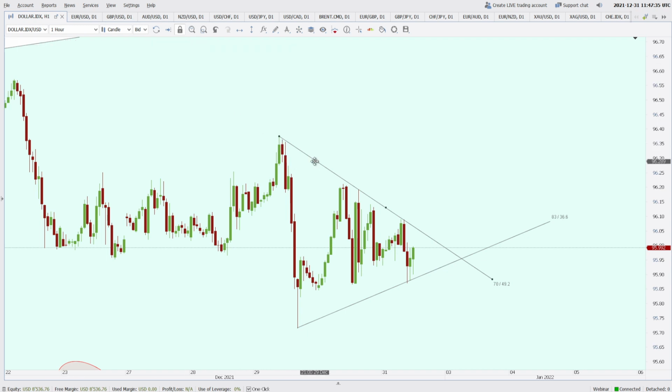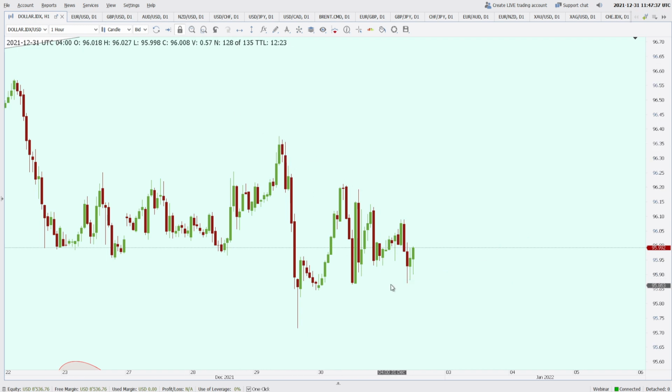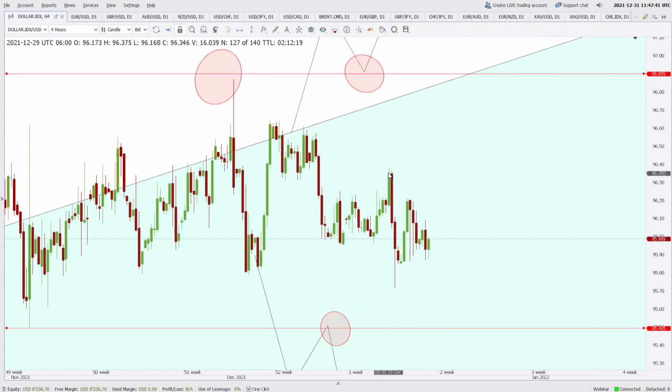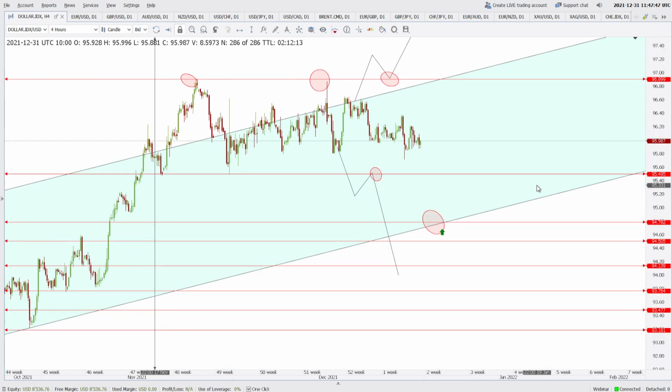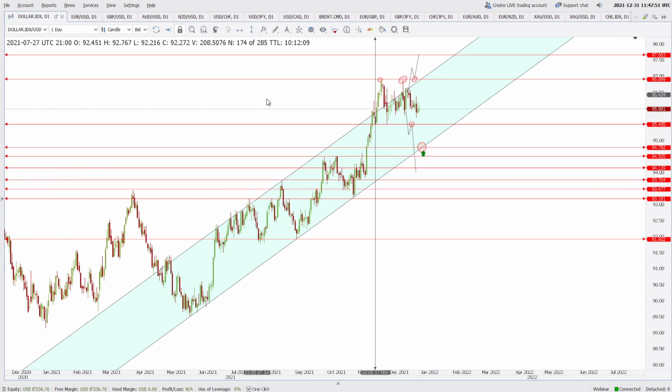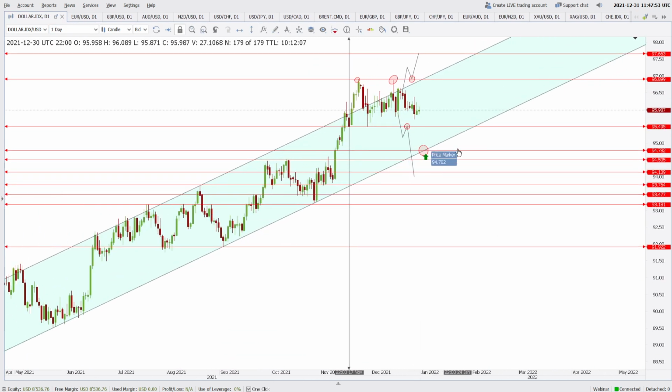But we don't trade at 1 hour, so we will just go back. Only from watching the 4 hour, you can see that something is cooking up here. Now if you talk about the daily chart, which we usually trade, where are the supports now? It is still at 95.49, and 96.89 is the resistance for the dollar index.